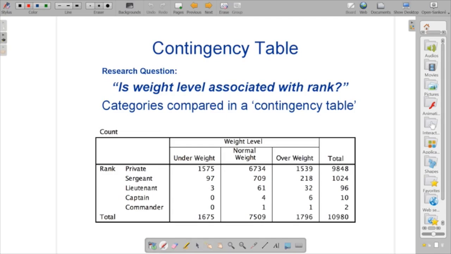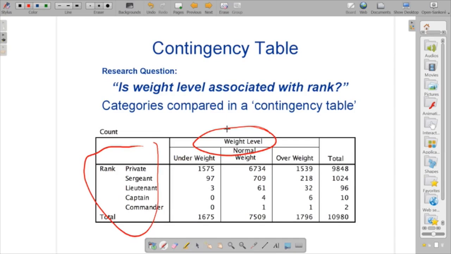So if we look at this one, we have all of our categories. So we have rank listed here, and weight level. I've called it weight level because it's now a category. And that category is either underweight, normal weight, or overweight. It's not a continuous scale variable.